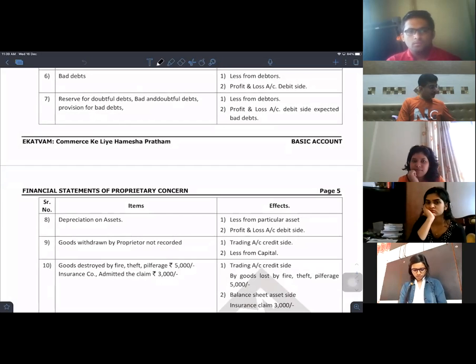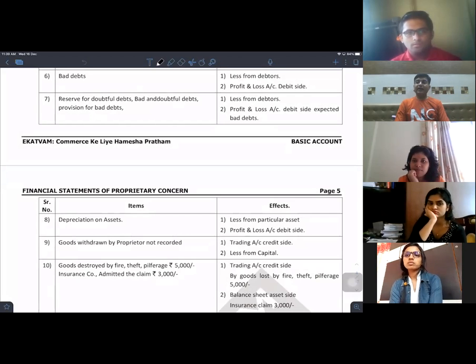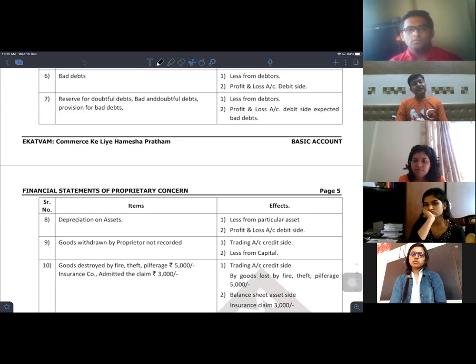And as they have defaulted your payment, as that amount receivable is now becoming irrecoverable, we call that as bad debts. Such bad debts will be an operating loss for the business and therefore it will be debited into the profit and loss account. And at the same time, these bad debts will be reduced from the debtors in the balance sheet onto the asset side.